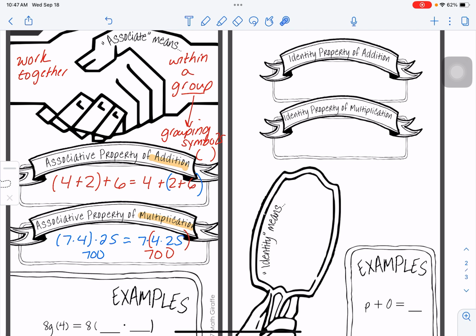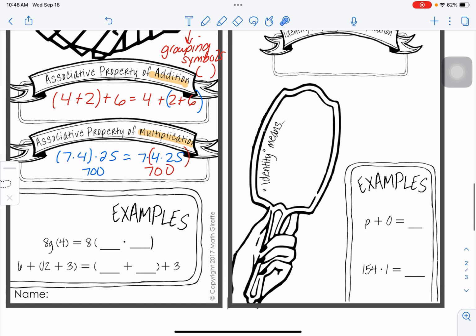And like the commutative property, they may name it sometimes with the operation that it's using. So the associative property of addition and the associative property of multiplication. So if we look at one more example down below, here they group together the 8 in G and then times it by 4.